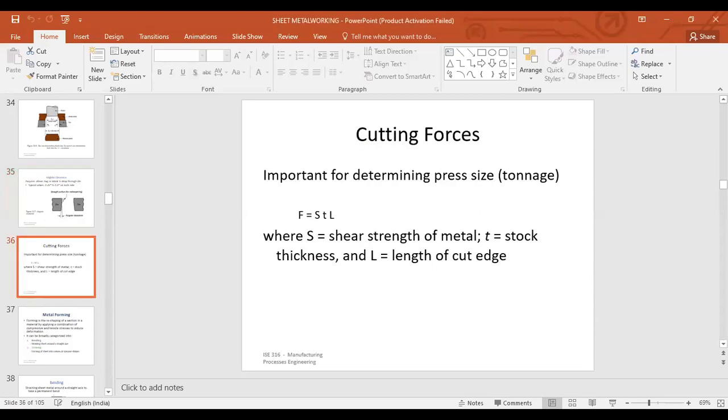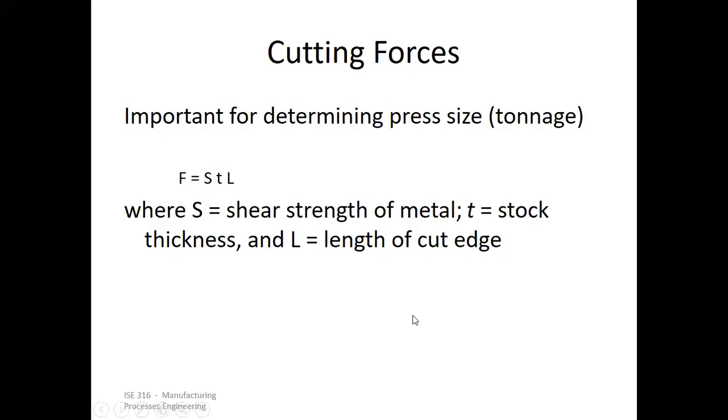Now, as for the forces, how do you calculate the forces? Because this is important for determining the press size, to select a proper press, as for the specifications, a 10-ton press or 15 or 50. How do you select? Based on the factors which you see.